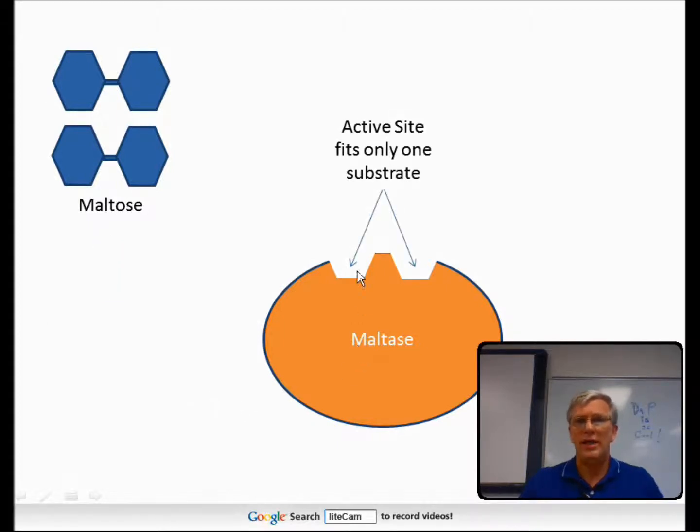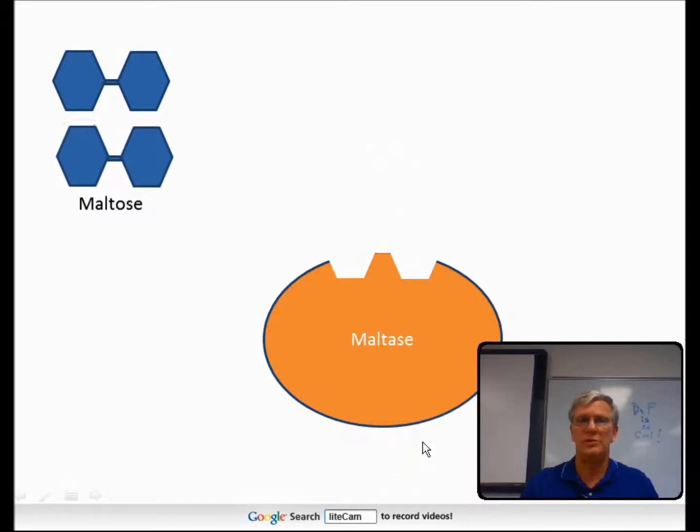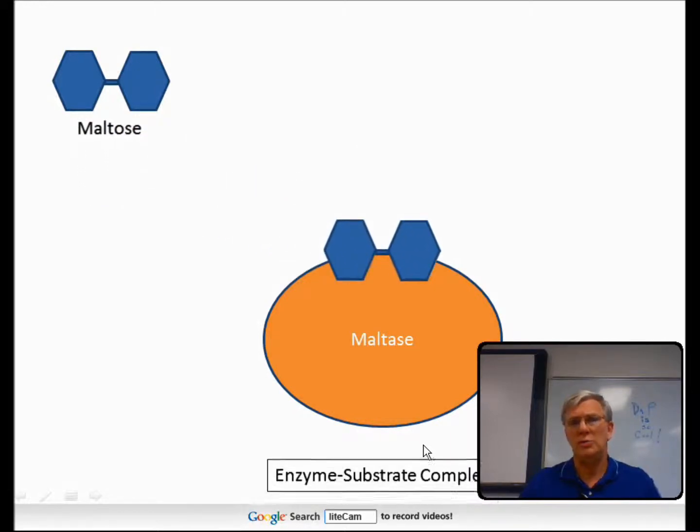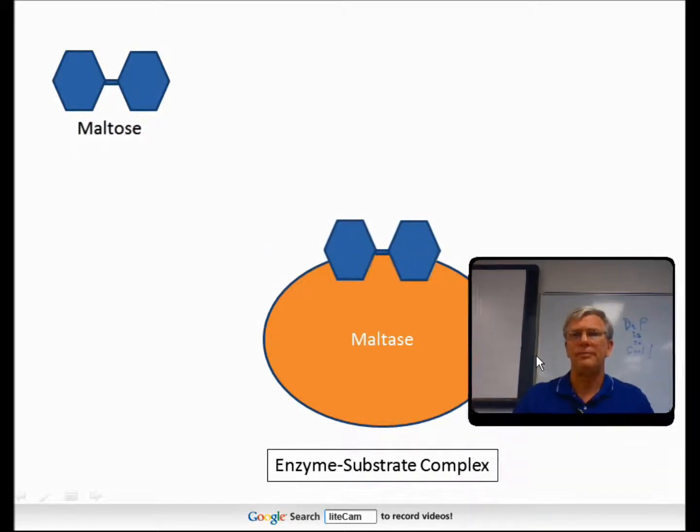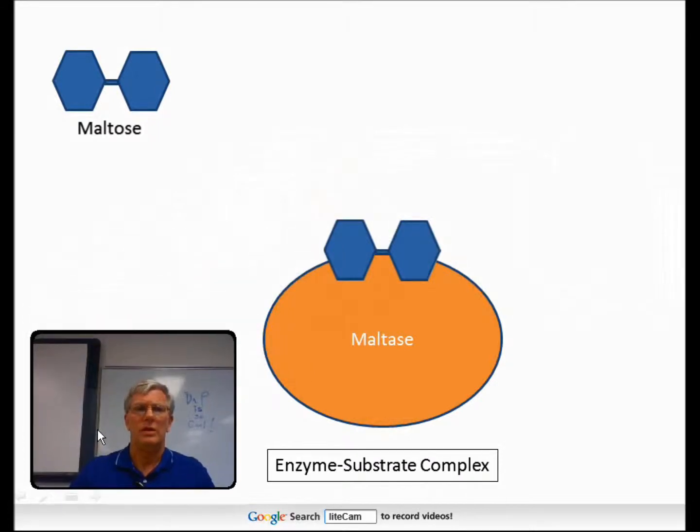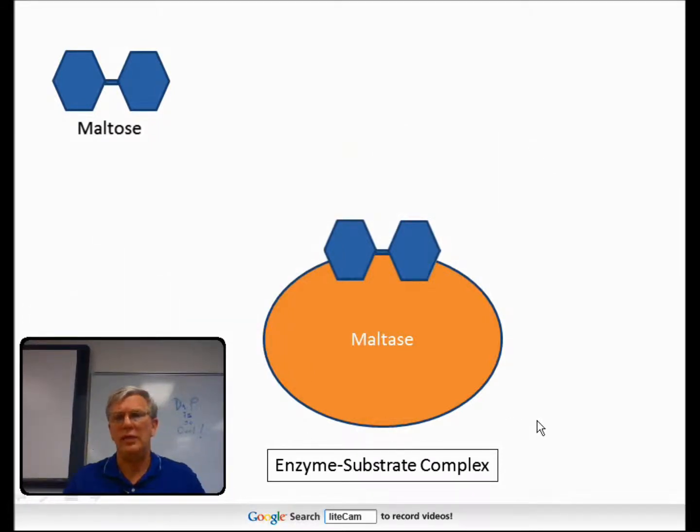Now notice maltase has a particular part on it that has a very specific shape, and that is called the active site. The active site is specifically designed to accept the shape of only one molecule, and in this case that one molecule will be maltose. Nothing else will fit. So as you see, maltose will fit perfectly into the active site of maltase.